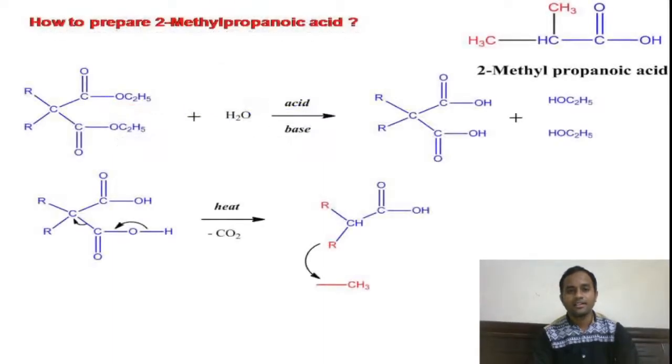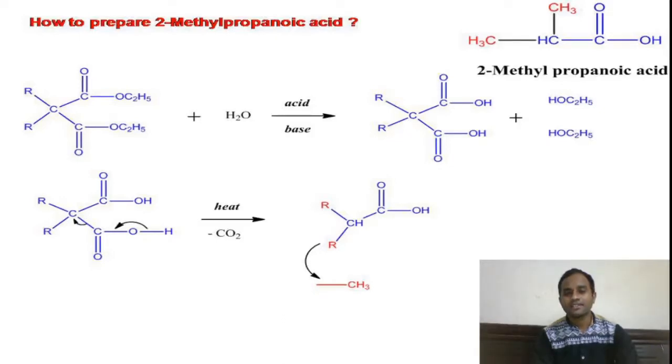And to prepare this 2-methyl-propanoic acid, we need to do alkylation twice on the malonic ester with the methyl group, right? You see here, the dialkyl malonic ester upon hydrolysis gives this dialkyl substituted carboxylic acid as the final product.